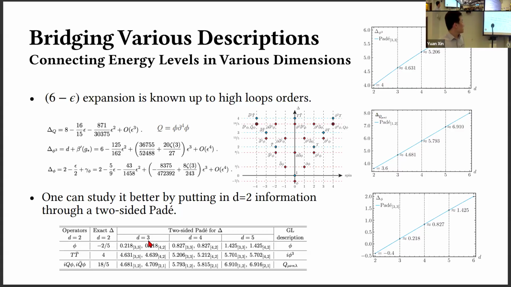And the prediction is that in 3 dimensions, delta phi is 0.218. And then the T T bar, or the phi cube, is 4.6, and Q is also around 4.6 or 4.7. And then we also have the prediction for d squared of 4, which we also did using an explicit lattice.